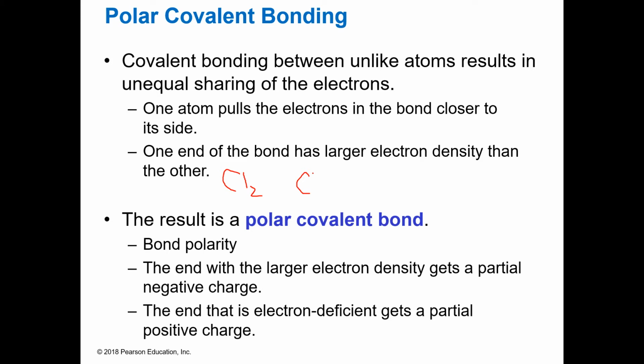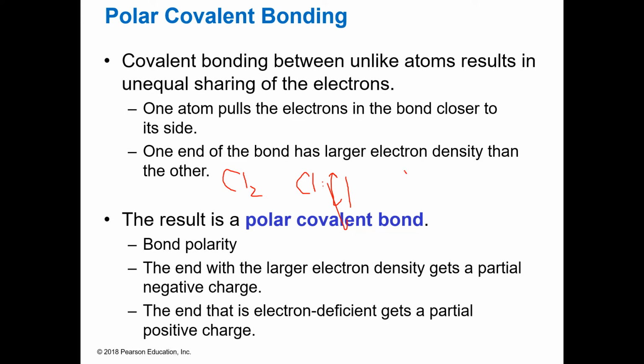So it's two chlorines that are held together with a single covalent bond. That single covalent bond is a pair of electrons in between those two chlorines. These two share that pair of electrons equally because they're the same atom.